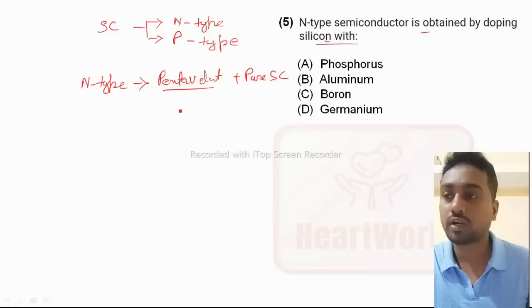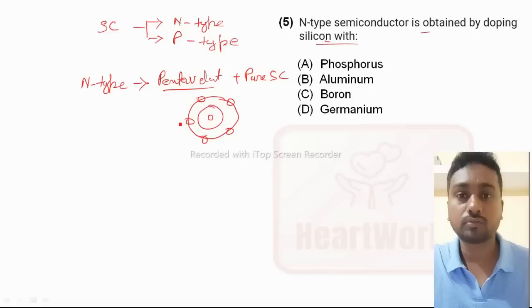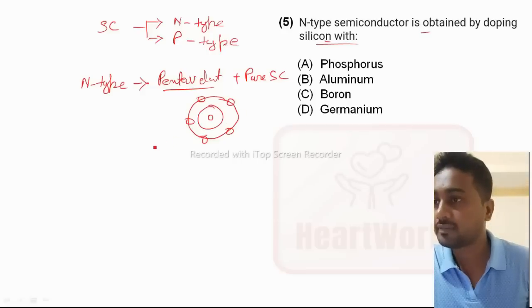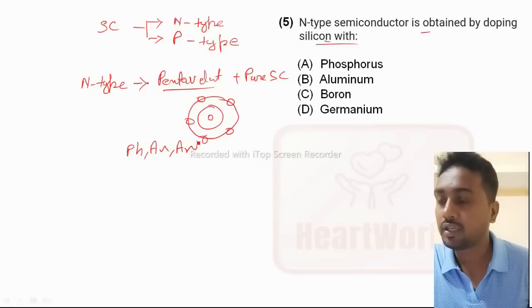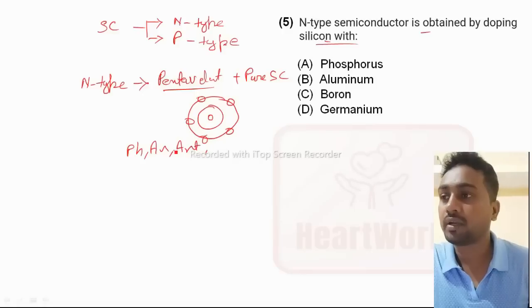Pentavalent means the outermost shell of the element has 5 electrons. That element is called a pentavalent element. For example, phosphorus, arsenic, antimony, and bismuth. These are the pentavalent elements.